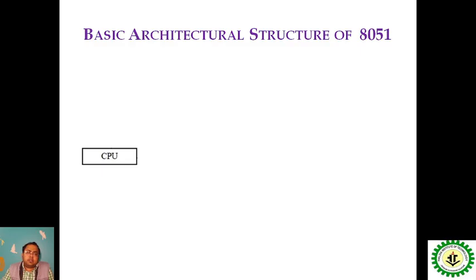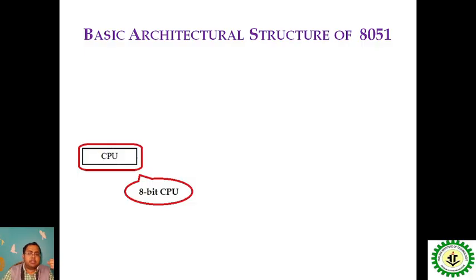This is the basic structure of the 8051 microcontroller. Whenever we start the architectural structure, the first thing that comes into the picture is the CPU. We all know that CPU stands for central processing unit, and this CPU is responsible for performing all kinds of arithmetic as well as logical operations.